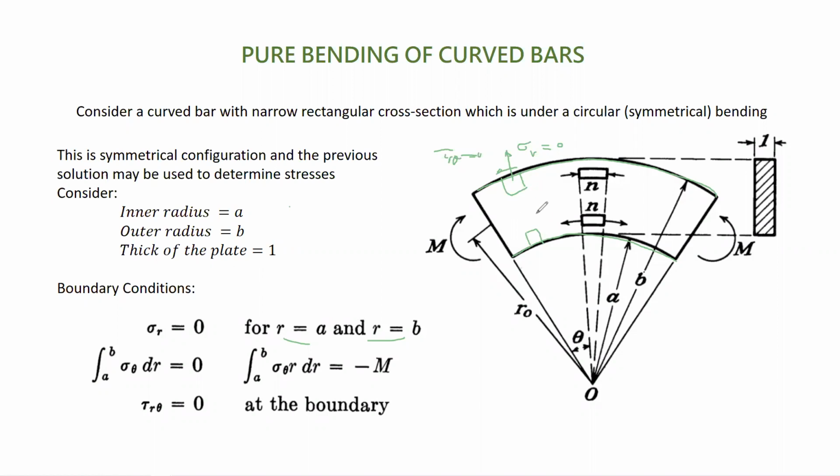So that's the first thing. On the top and the bottom, sigma r is equal to 0. That's the first condition. Then on this surface and on that surface, just symmetric, when the moment is applied, I should see for each element sigma theta here, and similarly tau r theta, but tau r theta, I just put it there, is equal to 0, as we said before.